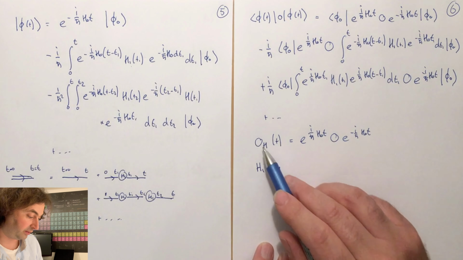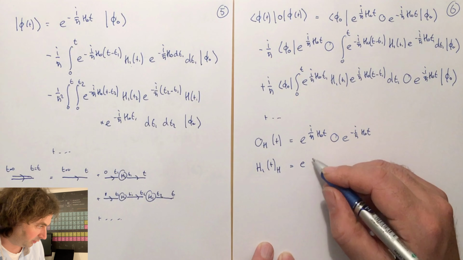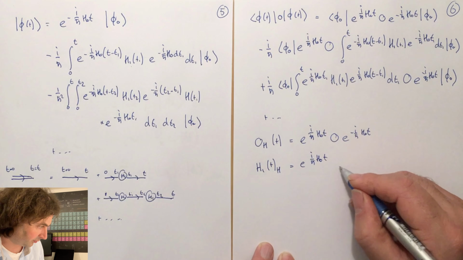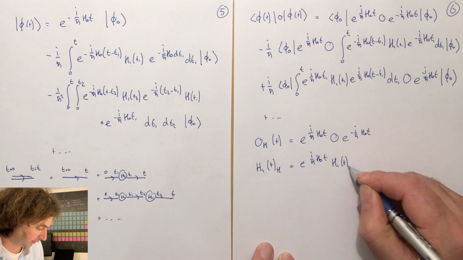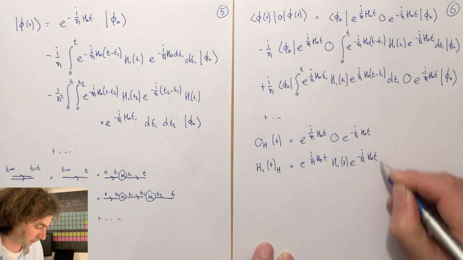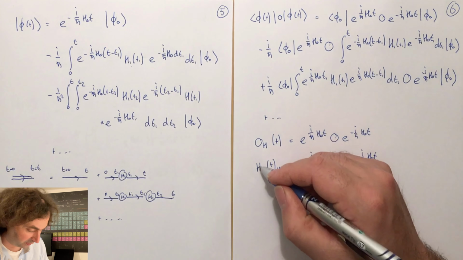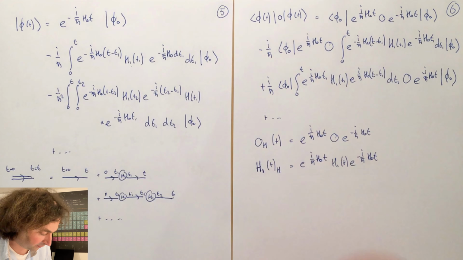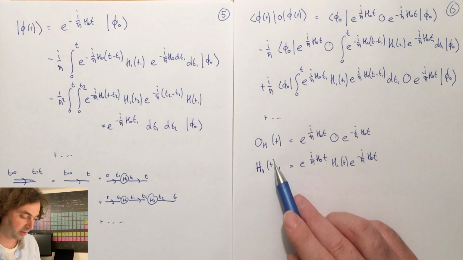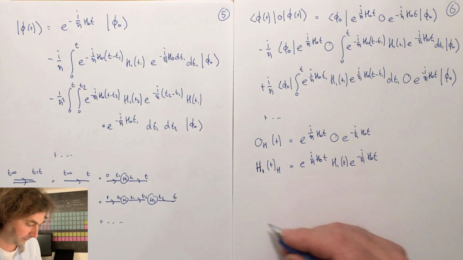So I'll separate that by putting the Heisenberg H before or after the t. It is e to the i over h bar h0 t h1 at t e to the minus i over h bar h0 t, where h1 of t is an operator that already depended on time, even in the Schrödinger picture. And now in the interaction picture we have the H either before the t for a time independent operator or after the t for a time dependent operator.